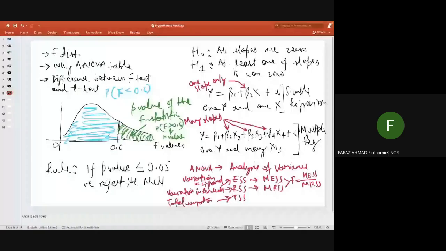And if you want to run a single test that would tell us about the entire regression and all slopes in one go, that would be an F test. The F test is just another test that we can do to verify what we are trying to see.